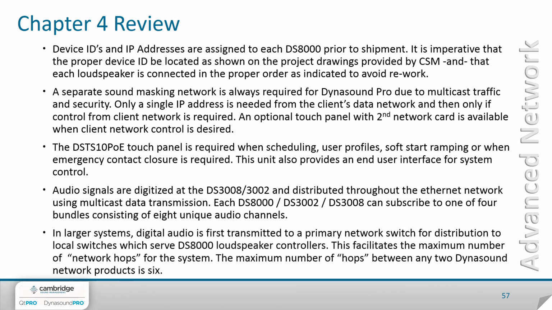In larger systems, digital audio is first transmitted to a primary network switch for distribution, to local switches which serve DS8000 loudspeaker controllers. This facilitates the maximum number of network hops for the system. The maximum number of hops between any 2 Dynasound network products is 6.